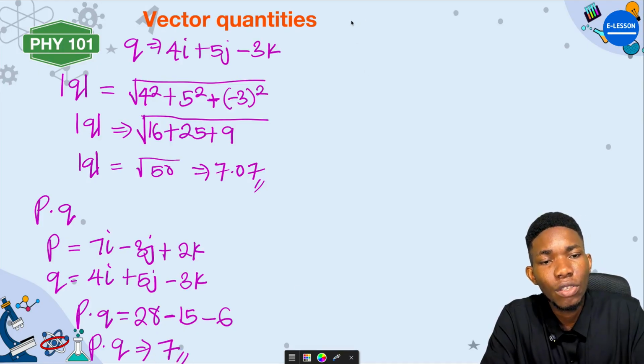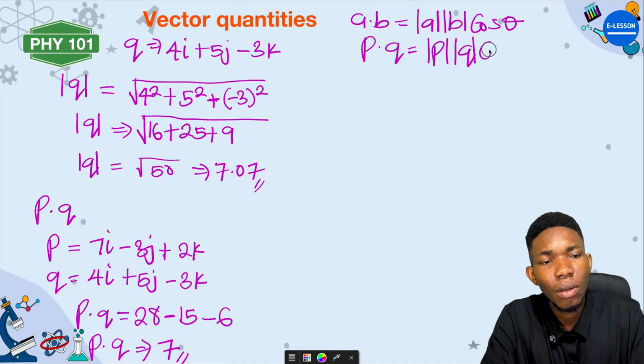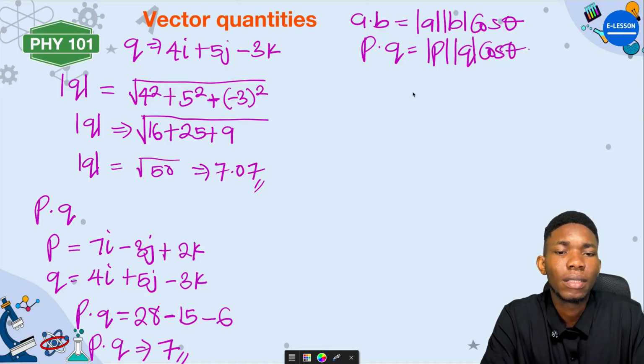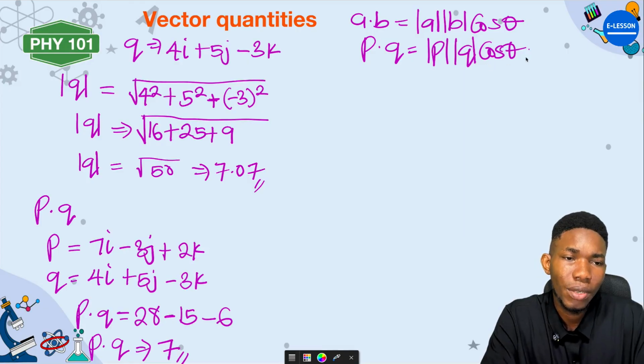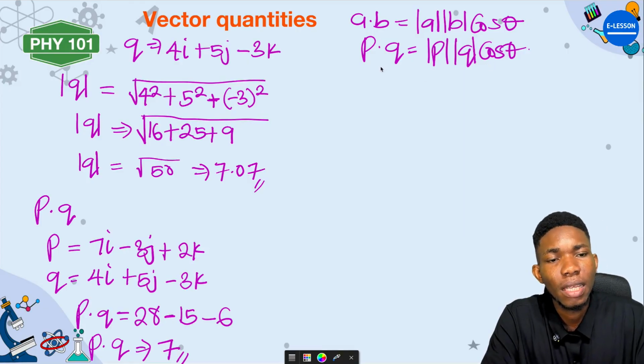Remember, I taught you that A dot B is always the magnitude of A, magnitude of B, cos theta. So our P dot Q is the magnitude of P, magnitude of Q, cos theta. In this case, we are looking for cos theta, the cosine of the angle between them.